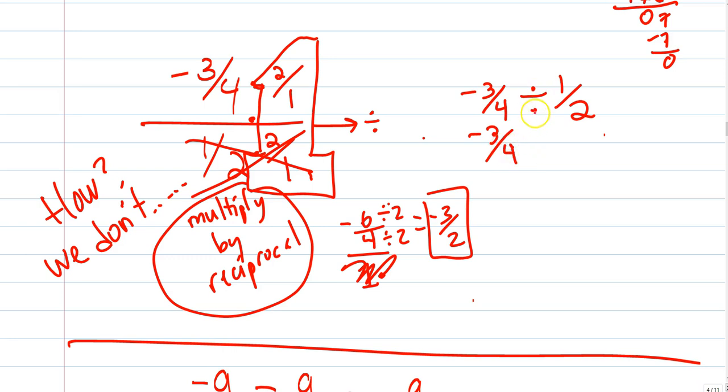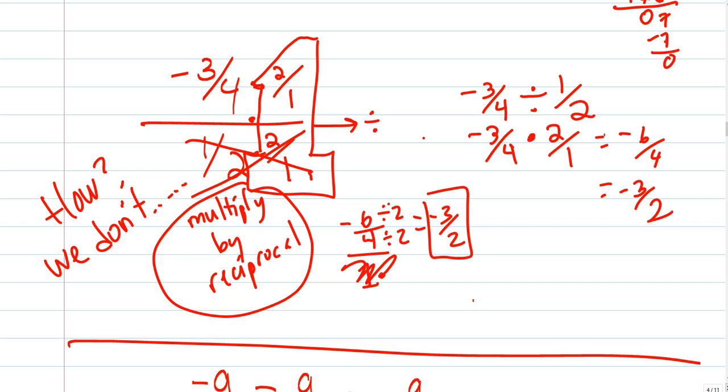It's complicated. Change that division to multiplication. Can I do that? Yeah. And I multiply this negative 3/4 by the reciprocal. What is it really doing? Making that bottom go away, and then I just multiply the top to get negative 6 over 4, or negative 3/2. So you do need to know how to do that.